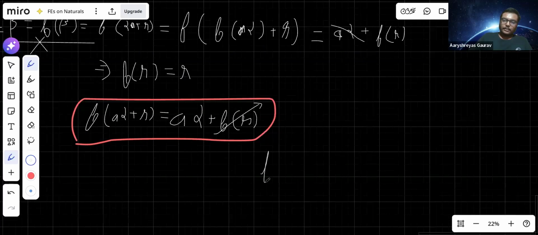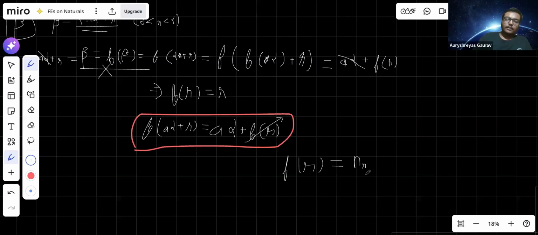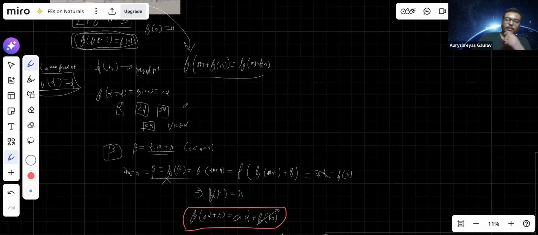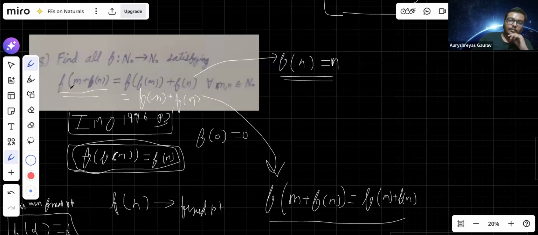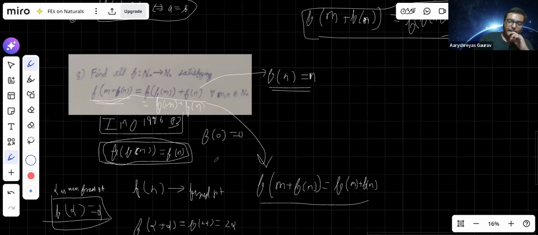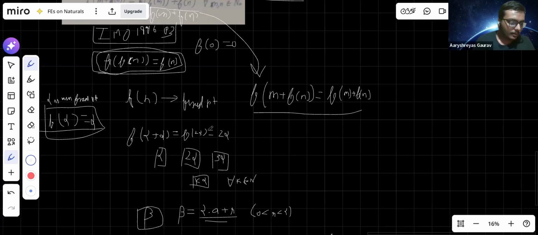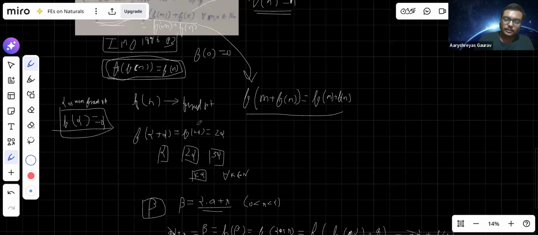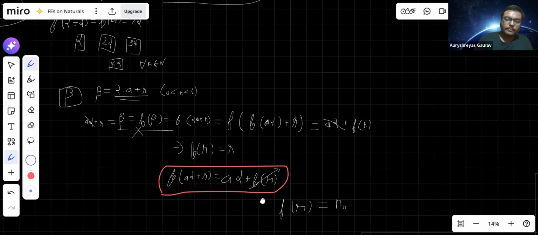In fact, if I just write f of r is equal to some n_r, we are taking this as any natural number, the initial condition will always be satisfied. So yeah, that's what I was saying.